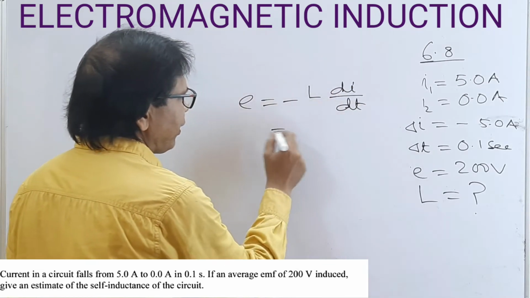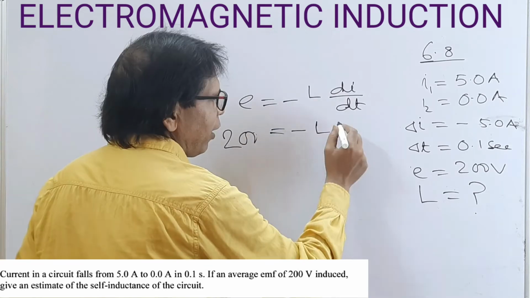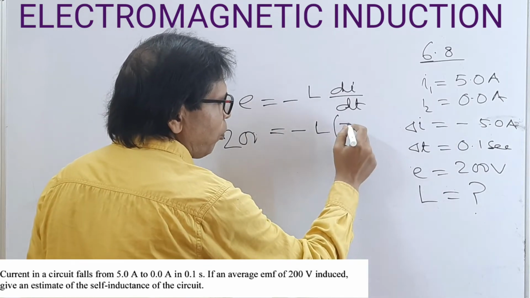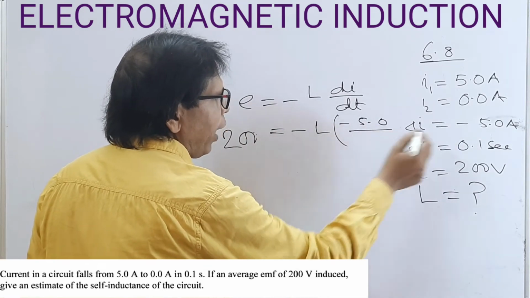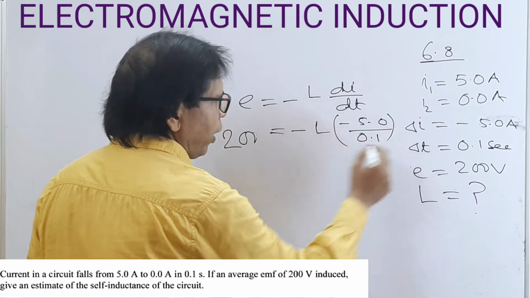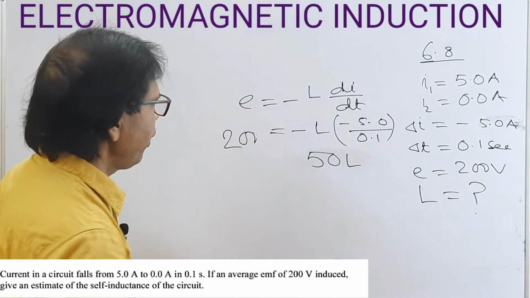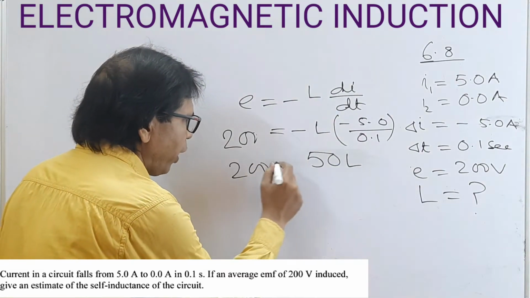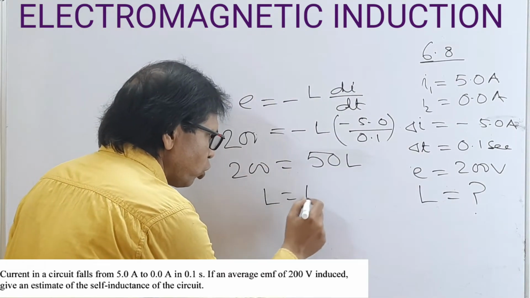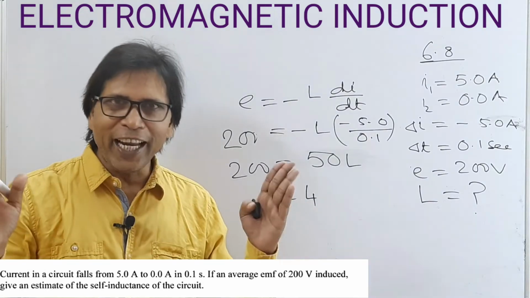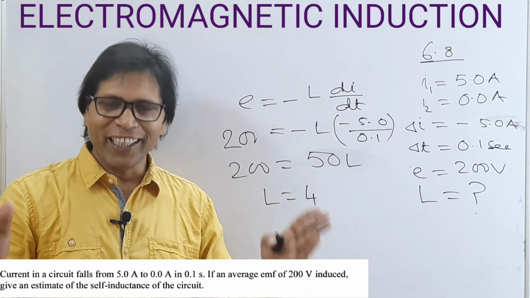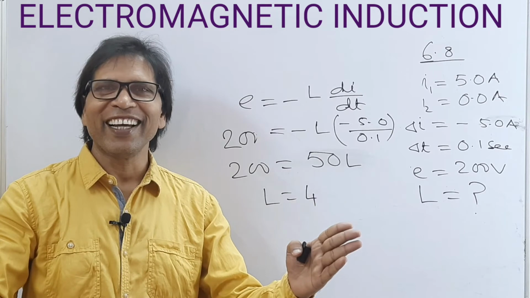Now E equals 200 volt. Now di equals minus 5.0 and dt equals 0.1. This is 50L, and this is 200, therefore L equals 4. Therefore self-inductance is 4 Henry.